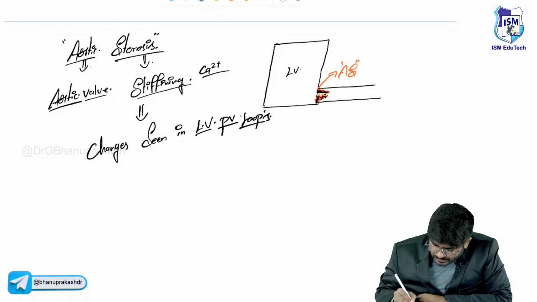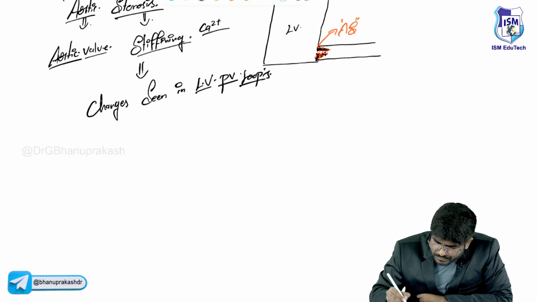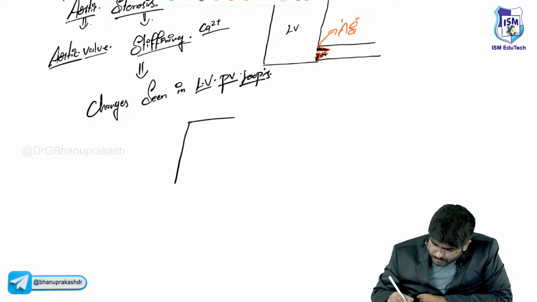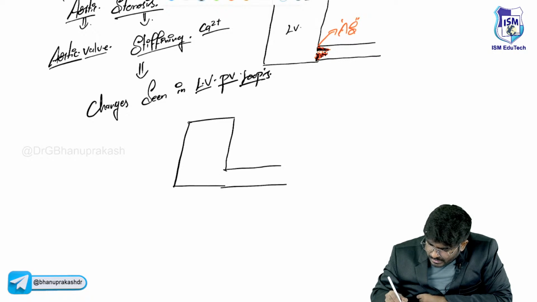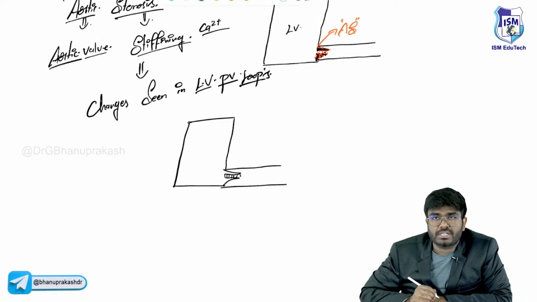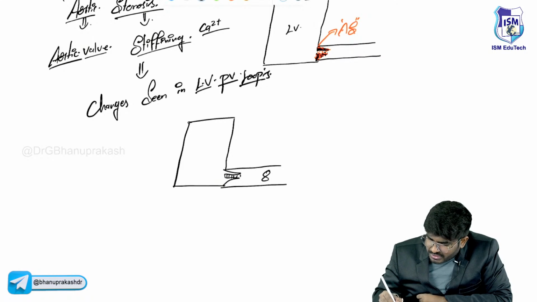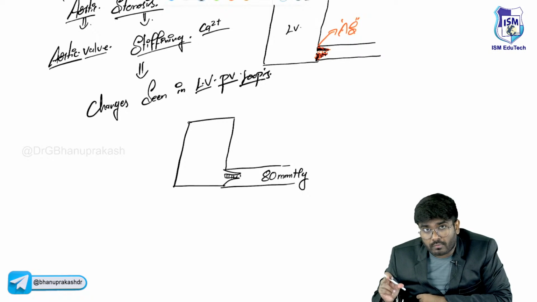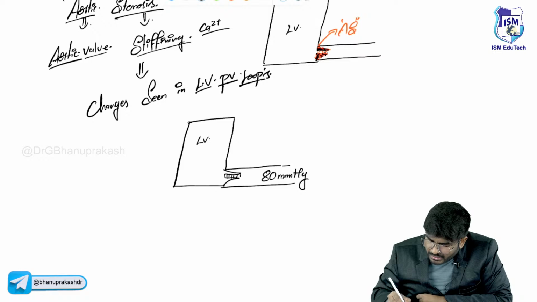For example, normally, this is your left ventricle, this is your aorta, and this is your aortic wall. Imagine the aortic valve is in the closed state. Here the pressure is 80 mmHg in the aorta. To open this aortic valve, the left ventricle has to generate a pressure of 81.